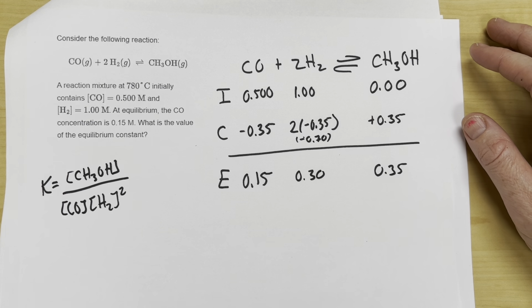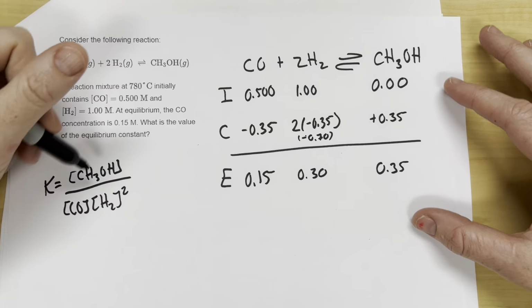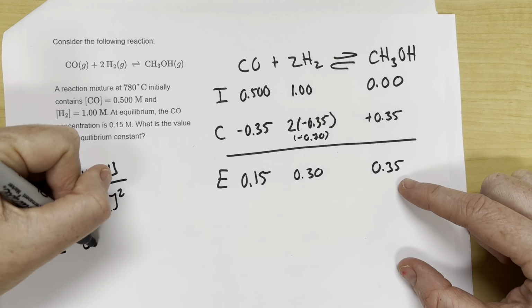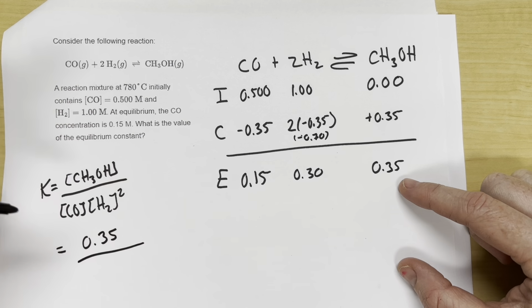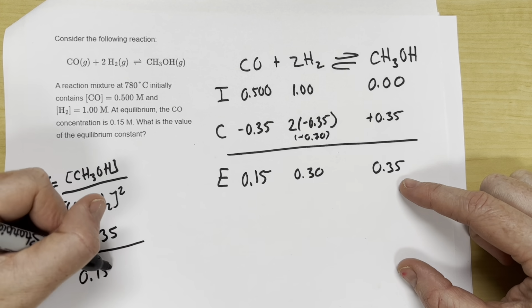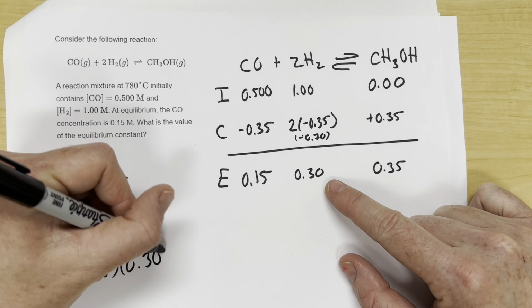All right, so let's do that. Our methanol here is 0.35 over our CO, which is 0.15, times our 0.30, and don't forget to square it.